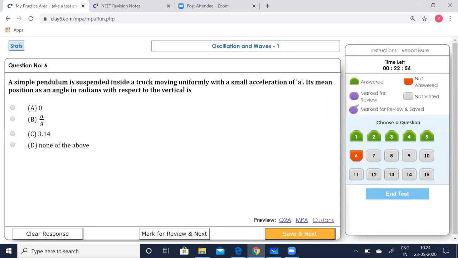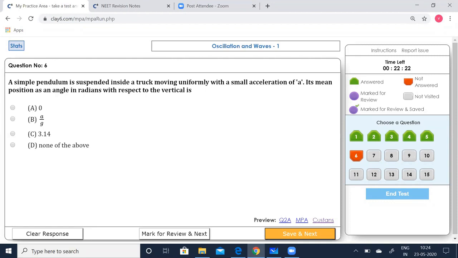A simple pendulum is suspended inside a truck moving uniformly with a small acceleration of A. Its mean position at an angle in radians with respect to the vertical is what? So in this case, two components of acceleration are going to be felt by the mass of the simple pendulum inside the truck.